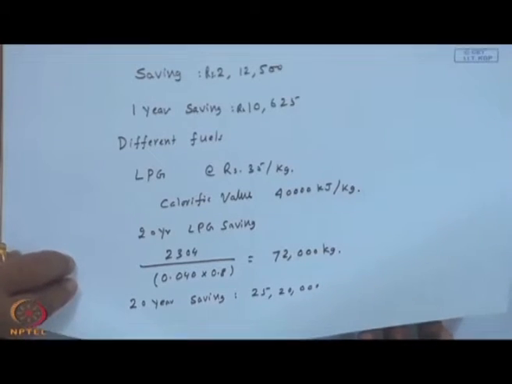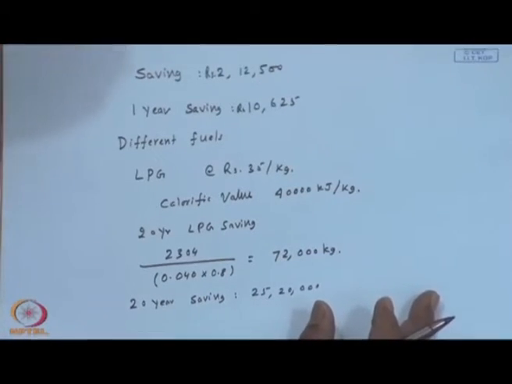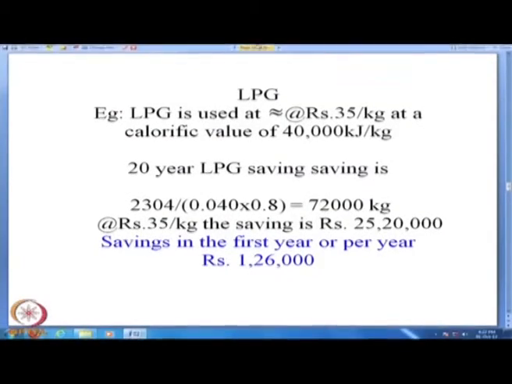You can also check the calculation. This is because 35 rupees a kg is almost 17 times the 2 rupees a kg of the coal. Consequently, this will also be 20 times the saving of 2.5 lakhs. This is similar to that. Okay, so that is all right.